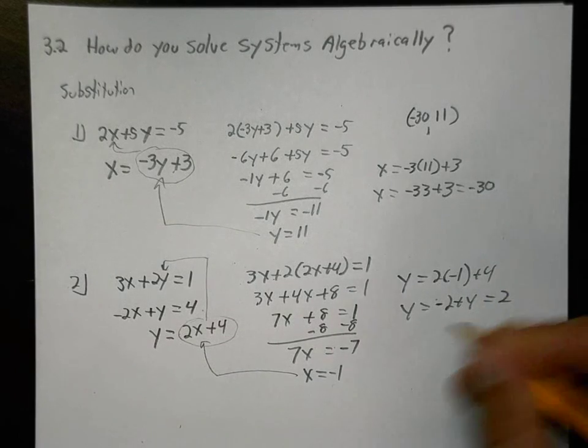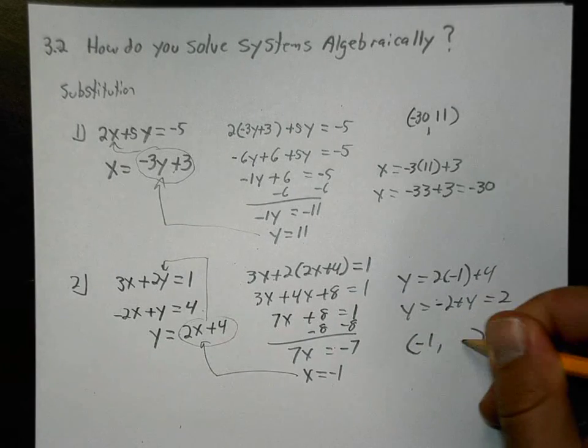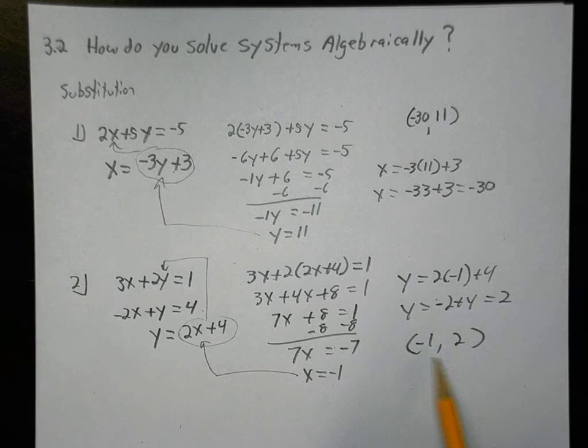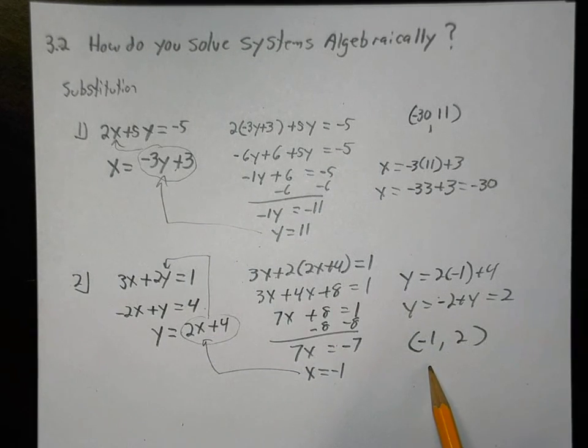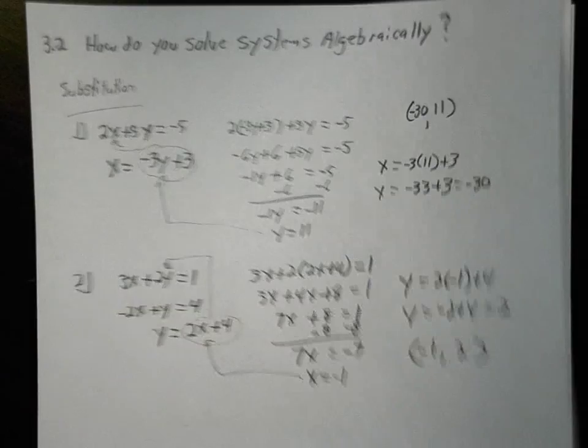Looks like I get 2. So negative 1, 2 is the solution to that system of equations. So that's substitution. The other process is called elimination.